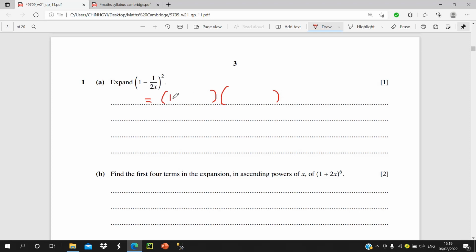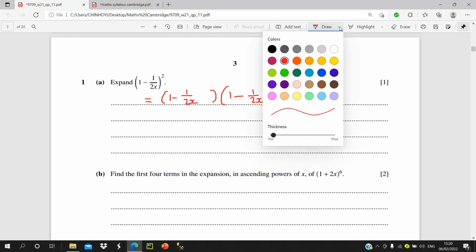It's the same. It's 1 minus 1 over 2x, again times 1 minus 1 over 2x. So we are going to multiply the first bracket with the second bracket.